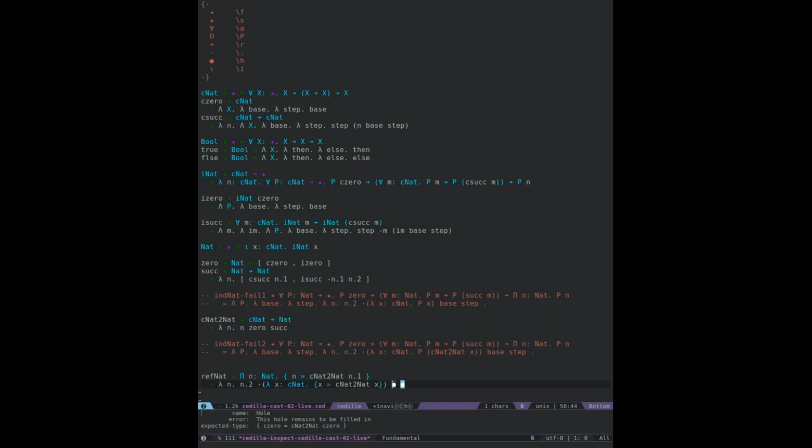Here, I need to give a proof that C0 is equal to CNAT2NAT C0, which by just doing a simple substitution, by saying C0 applied to 0 and step, we'll ignore the step and just return 0. And of course we know that 0 is equal to C0. So I can just say beta, which in Cedille is the form indicating that an equality that you're trying to prove is true by simple beta reduction.